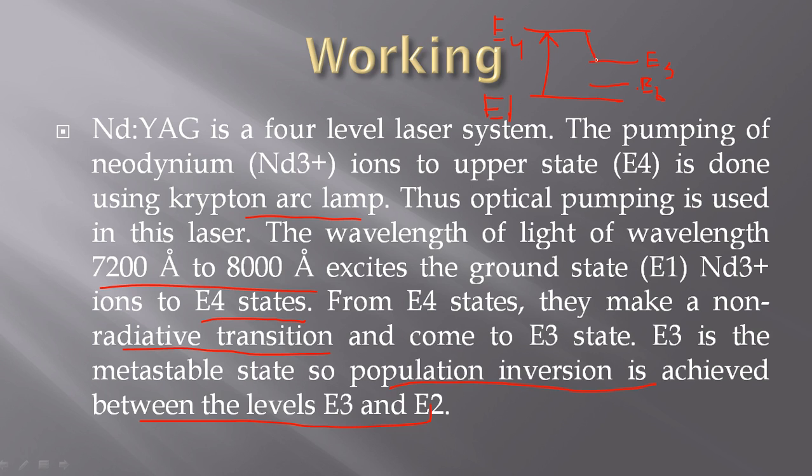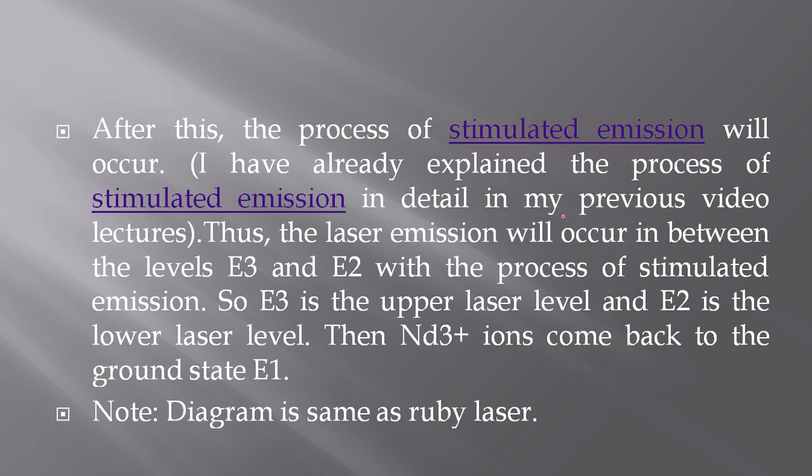From E4 state they make a non-radiative transition and come to E3 state, and E3 is a metastable state, so population inversion is achieved between E3 and E2.